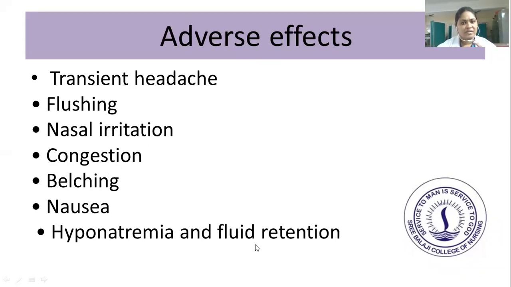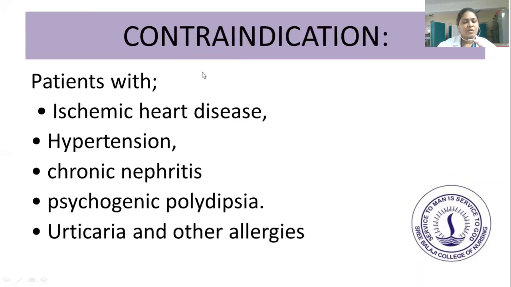Next is the adverse effects. What are the adverse effects of these antidiuretic drugs? Transient headaches; the patient will have a severe headache, flushing, nasal irritation, congestion, belching, nausea, hyponatremia and fluid retention. Next are the contraindications.